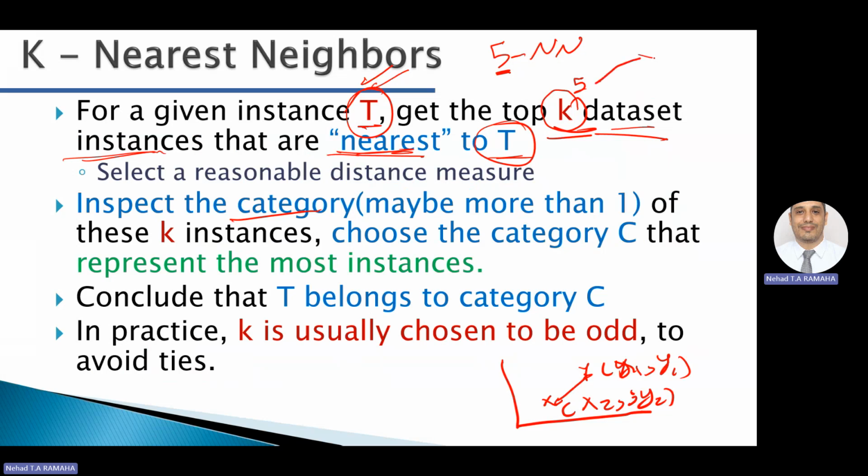For example, if we found that 3 elements are in category C1 and 2 elements in category C2, then T will be categorized under C1, because we have more instances. So we will categorize T into the category that has the most instances among the neighbors.